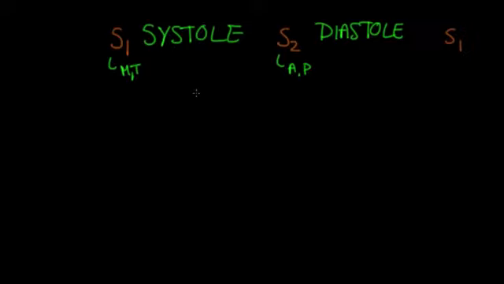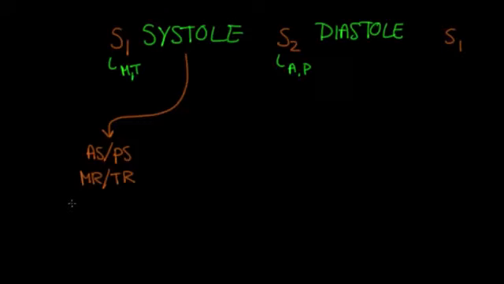Now, murmurs can occur between S1 and S2, and these would be systolic murmurs. These would be things like aortic stenosis, or pulmonic stenosis, mitral regurgitation, or tricuspid regurgitation. One other thing that doesn't necessarily cause a murmur, but can be accompanied by mitral regurgitation, would be something like mitral valve prolapse.